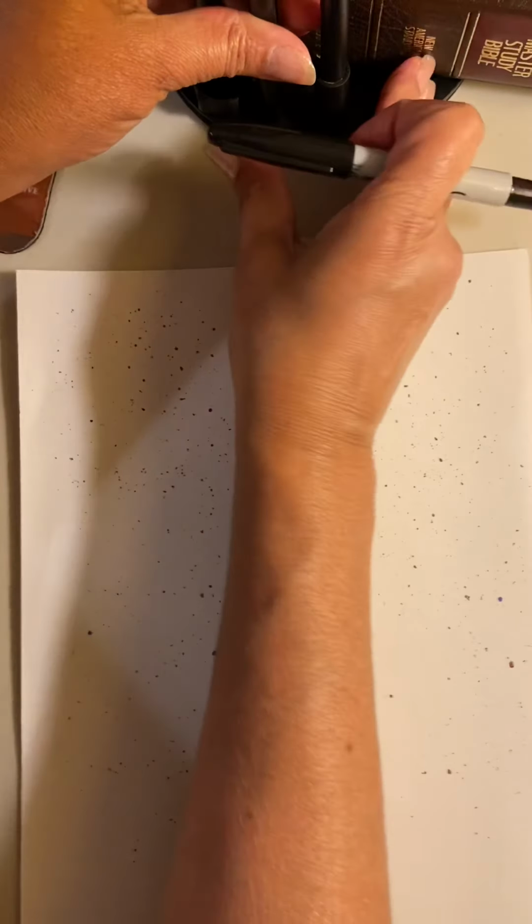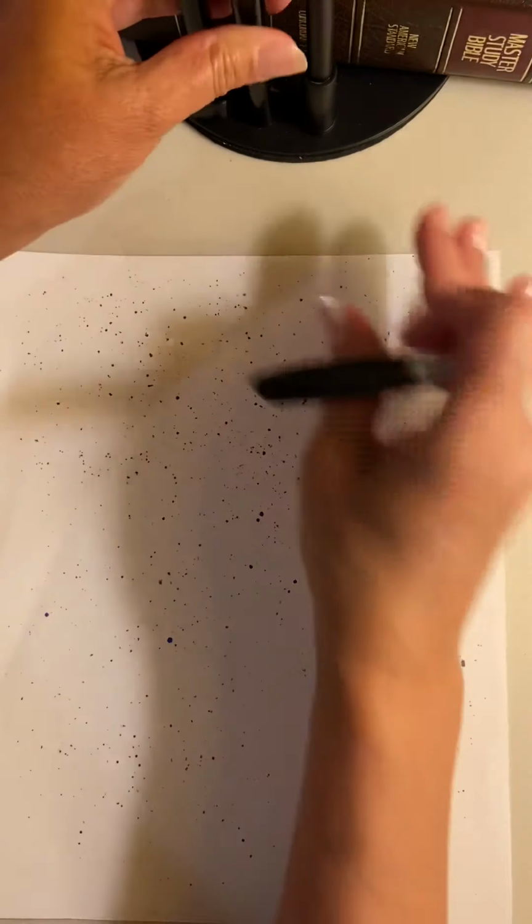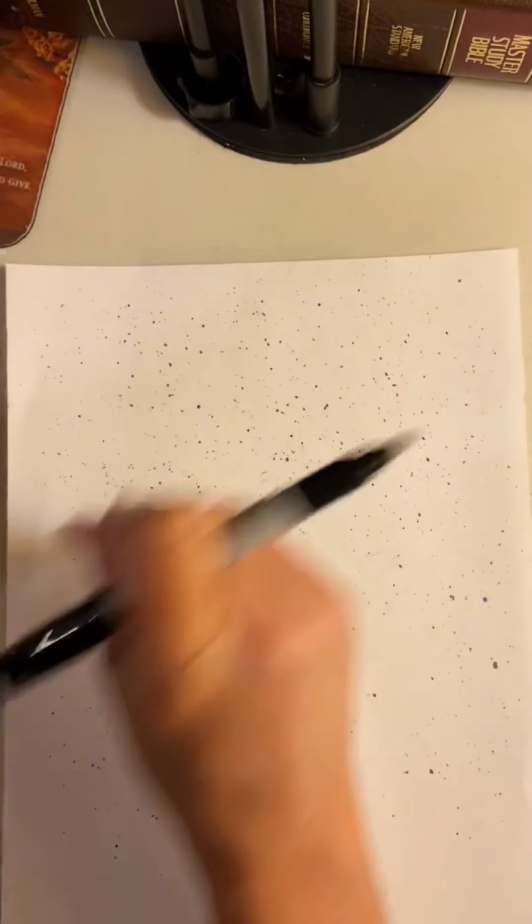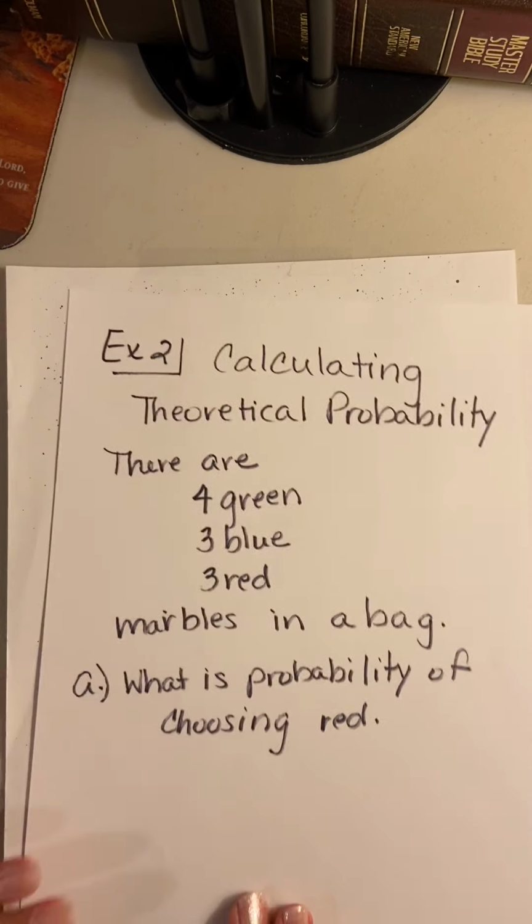All right, let's go on to example number 2. I don't want to lose you guys at all. Okay, so let's go ahead. Example number 2 talks about calculating theoretical probability.